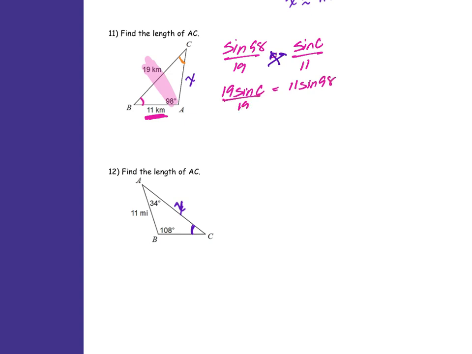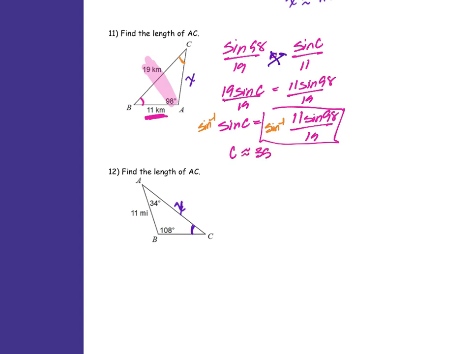Then divide by 19, and sine of C equals 11 sine of 98 divided by 19. But I don't want sine of C, I want C. So to undo sine, I'm going to do sine inverse. I'm going to put this part into the calculator here, and I get C is approximately equal to 35 degrees.